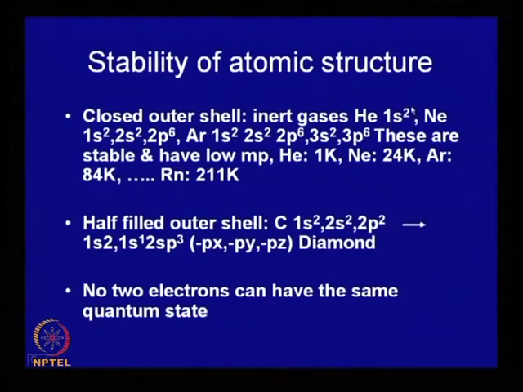If this is full, this is the case in helium. Next is neon. Here the last shell, with quantum number 2, has 8 electrons, and these 8 electrons in the outer shell mean this outer shell is closed.